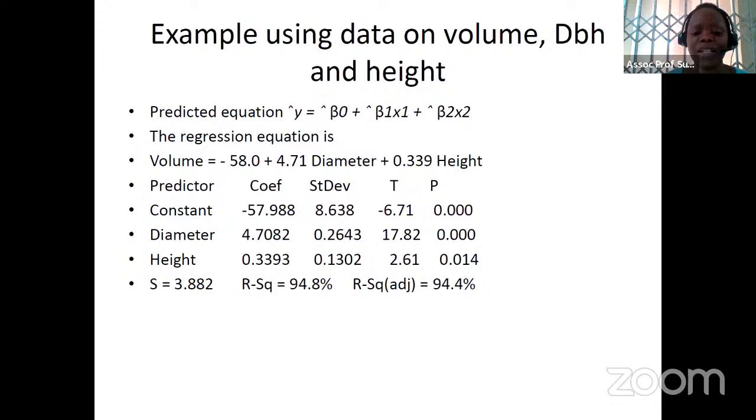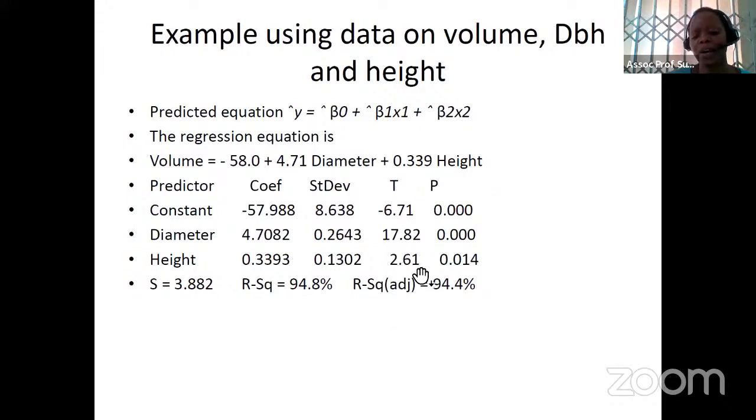And null is that there is no linear relationship between volume, diameter, and height. So when we look at our p-values, we see that the p-values are small for diameter, smaller than 0.05, and also for height, indicating that there is a significant linear relationship between volume, diameter, and height.